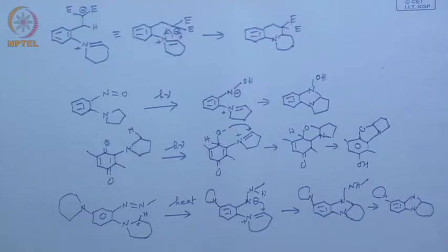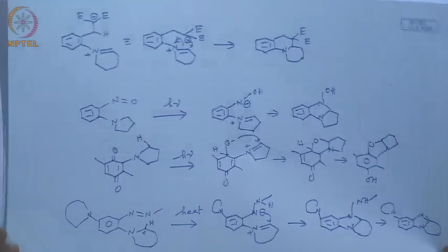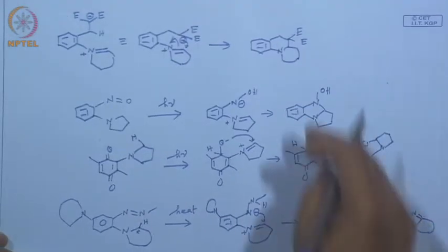What else do you expect from these amines? Actually, these amines are also a good leaving group under thermal conditions, and so this methylamine is lost. So, eventually you get the formation of imidazole.